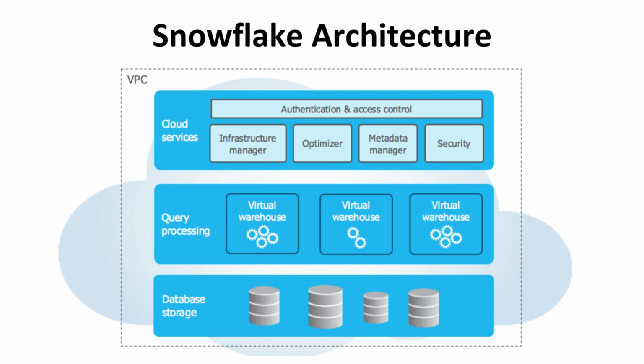We also call it the muscle of the system, because you are processing the data in multiple parallel processes and the computing is happening here. All of the activity happens in this layer, the query processing. That gives the boost to the system, and that's called the muscle power of Snowflake.